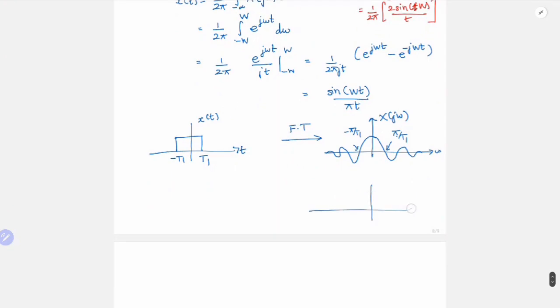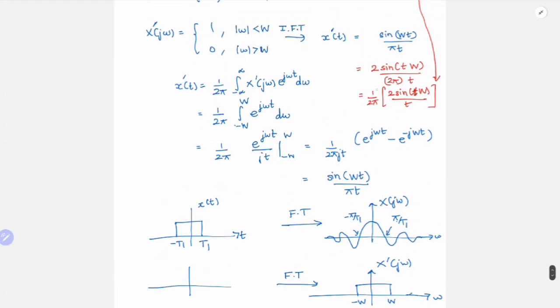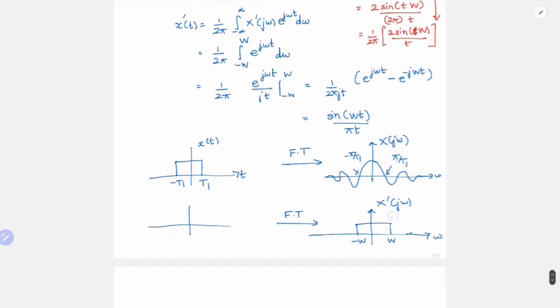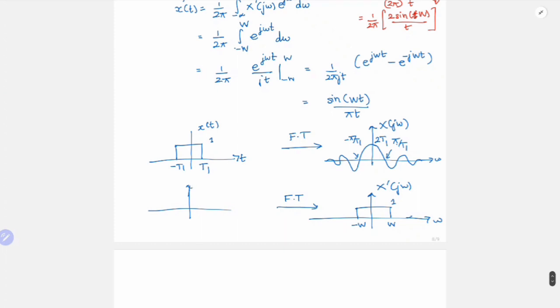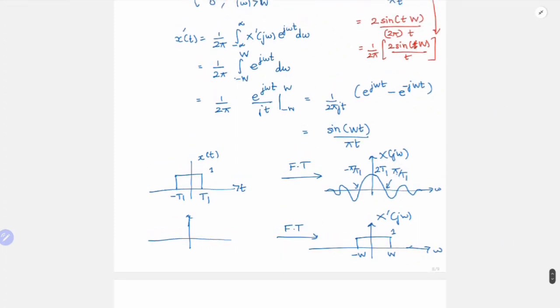And the second signal we have on the frequency side, we have X'(jω) as 1 from minus W to W, this is omega. And its inverse Fourier transform was nothing but this signal, 1 by 2π. This is 1. And if this is 2t1, this is going to be 2 omega by 2π, which is going to be π by omega.